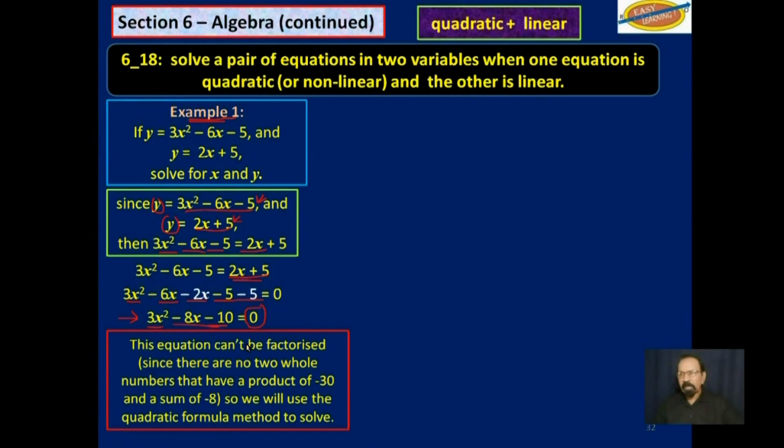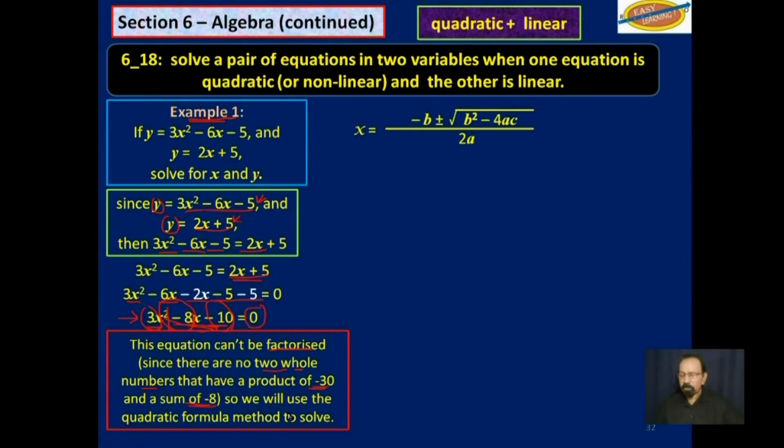Now, this equation cannot be factorized since there are no two whole numbers that have a product of negative 30. Remember, 3 times negative 10 would give us negative 30. So we don't have any two whole numbers that have a product of negative 30 and at the same time have a sum of negative 8, which means that we cannot factorize that expression.